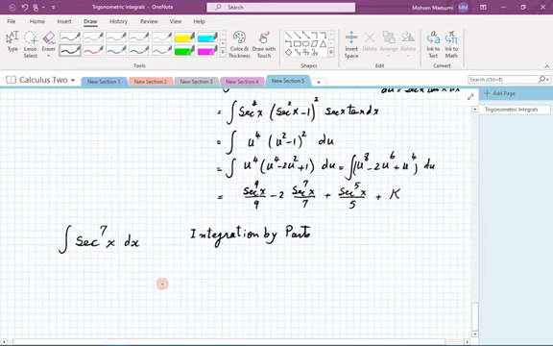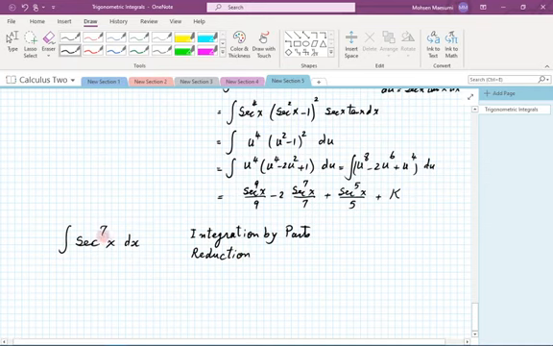Well, we have done the 3, but essentially you can keep going. 3 goes to 1, and then integral of secant, you know itself from calculus 1, logarithm of secant plus tangent. That's how we do it. So we are essentially introducing a new idea here, and that's the idea of reduction. So reduction means reducing the power.